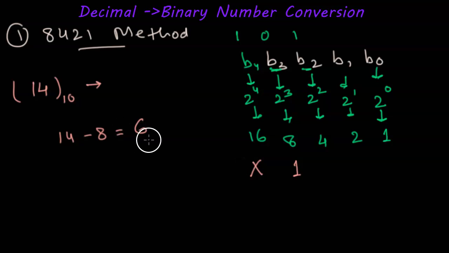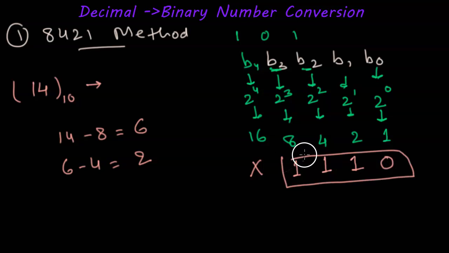Now what is the maximum number less than 6? That is 4. So we have 4. Now we have 6 minus 4, which is 2. Now 2 is here. So we have 2, and then we have 0. That is 1, 1, 1, 0. This is equal to 14 in its decimal form. I hope this is clear.